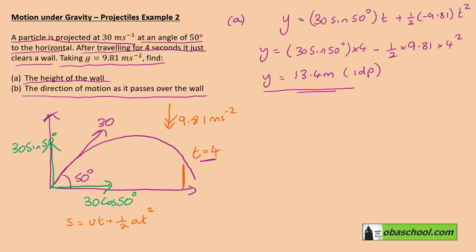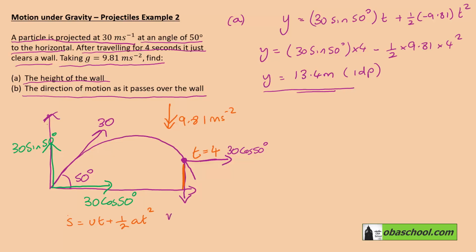Now in part B we want the direction of motion as it passes over the wall. So if that's our particle, we know it's going to have a horizontal component, and because there's no acceleration horizontally, that's going to be 30 cos 50, and the vertical component will be downwards.